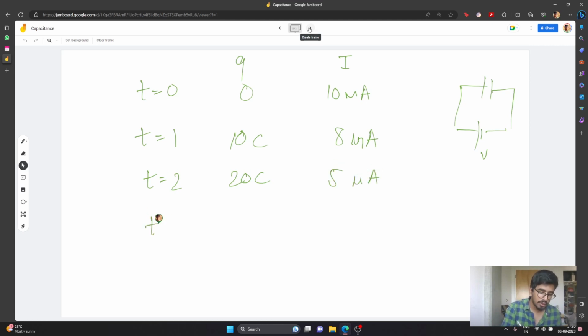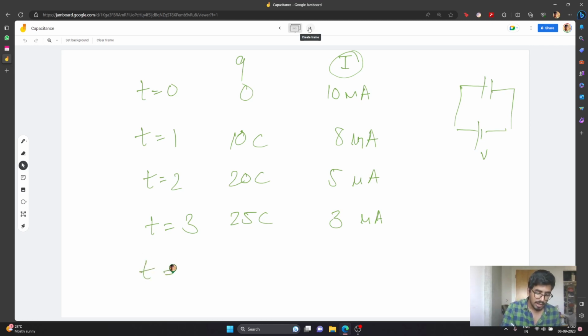And then you see that at a larger time, the amount of increase of charge is starting to drop off, and this is also starting to drop off. So you're pushing new charge, right? That is also slowing down, and this process is also slowing down.